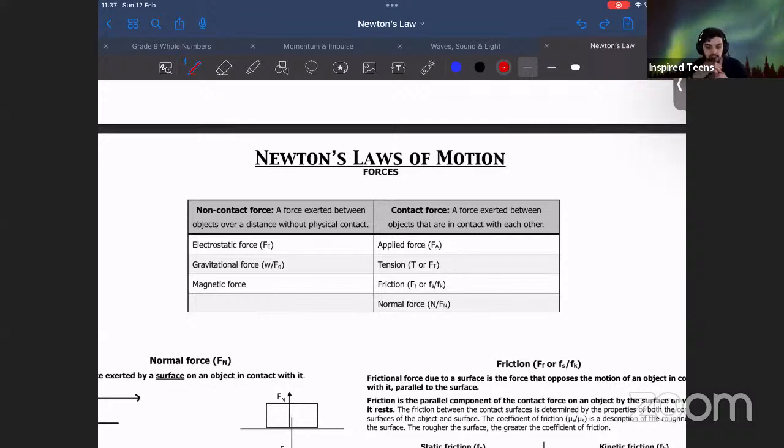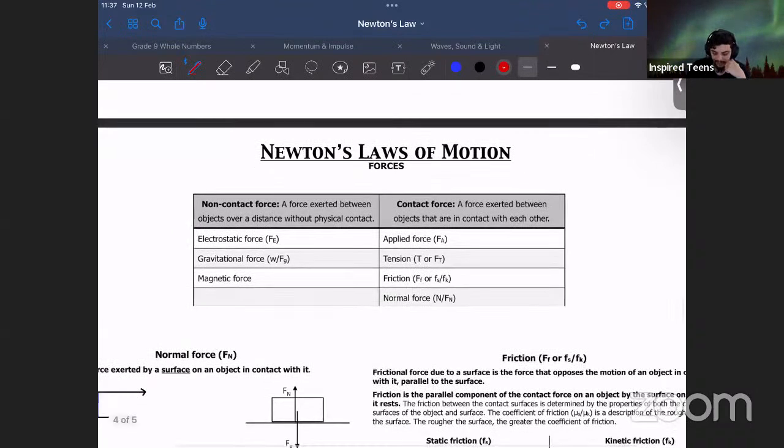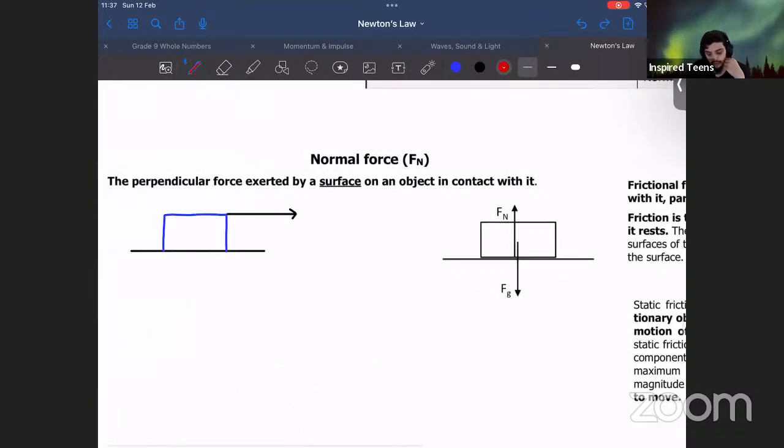That is a contact force that creates friction, as well as normal force, which we're going to discuss next. So normal force is the perpendicular force exerted by a surface on an object in contact with it. So remember, every single object on this planet is under the influence of gravity.